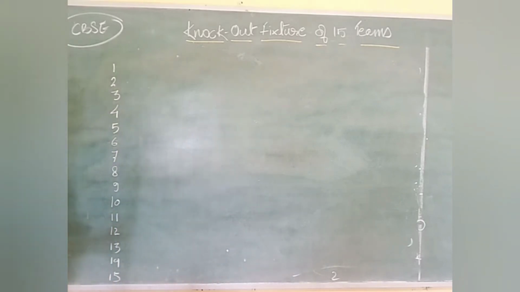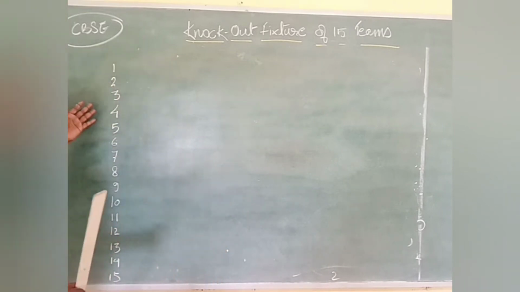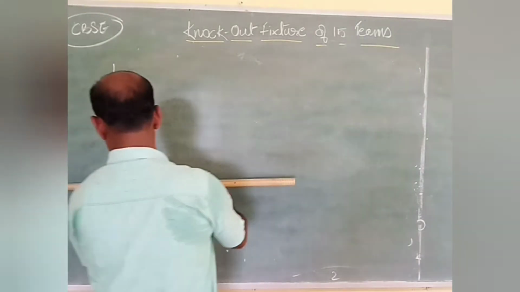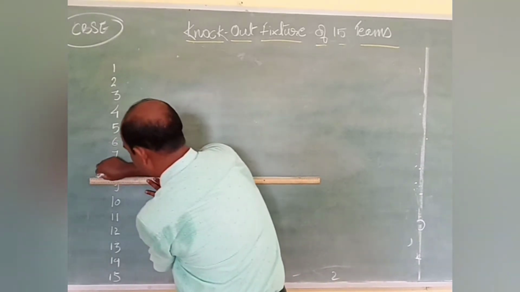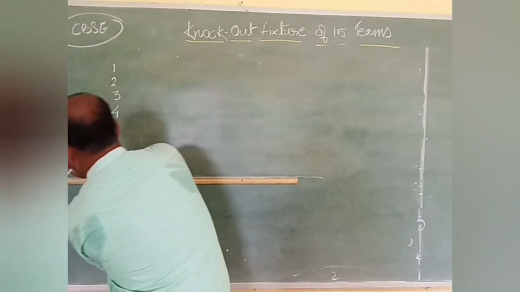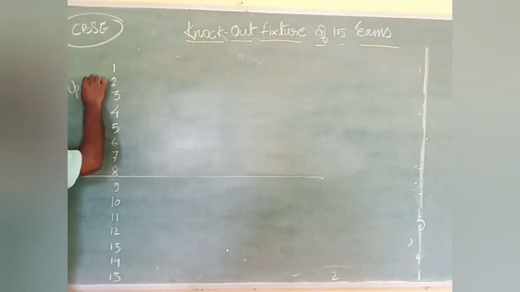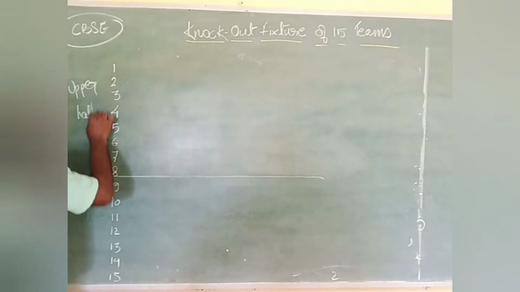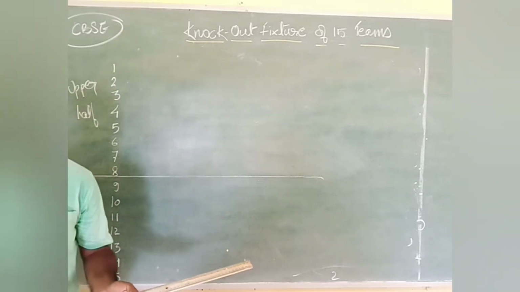If you remember, there were 8 teams in the upper half. So first of all we will draw a line. I've got the big scale, so I am using it. This is the upper half, we will write it down here, and this is the lower half. Next is number of byes.